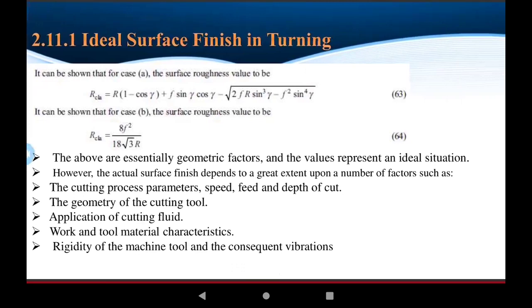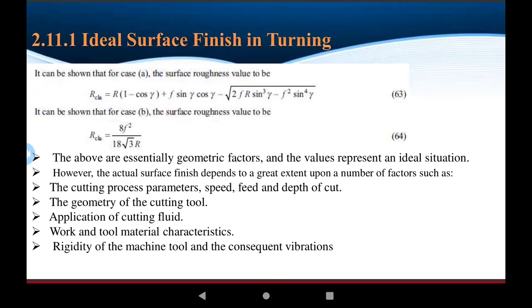The rough surface value is R rough, equal to R times 1 minus cos gamma plus feed rate sin gamma plus sin cos gamma minus under root 2Rf sin cube gamma minus f square sin 4 by 4 gamma.